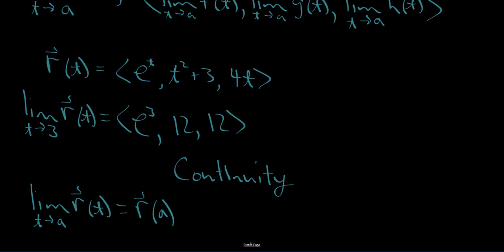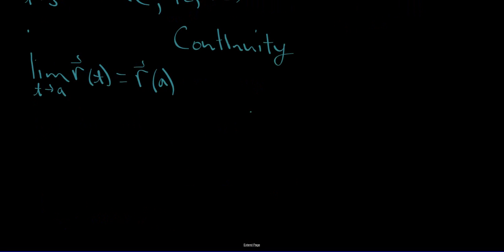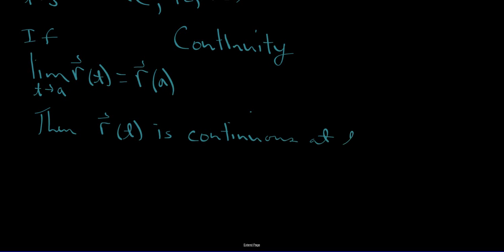In other words, it's just like with scalar functions when we were first introduced to continuity. If the limit is the same as just plugging into the function, then we say that the function is continuous at that value. So if this happens, then r of t is continuous at t equals a. Okay? If that happens.